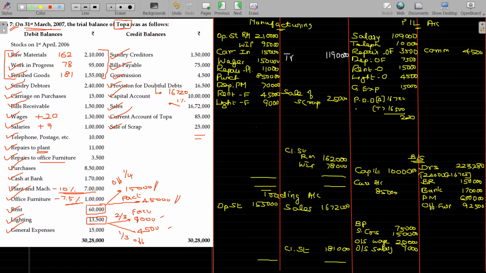Should be transferable to the trading account because this is cost of production. Production is over, so this is transferable to the trading account. Cost of production transferred from manufacturing account. What is the total? Eleven lakhs 90.